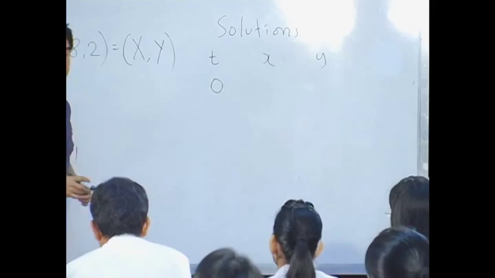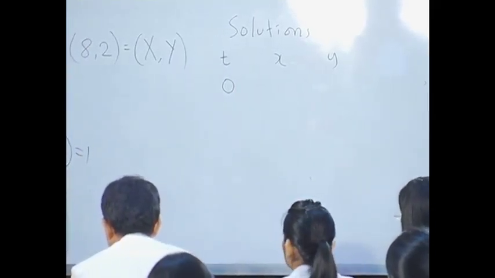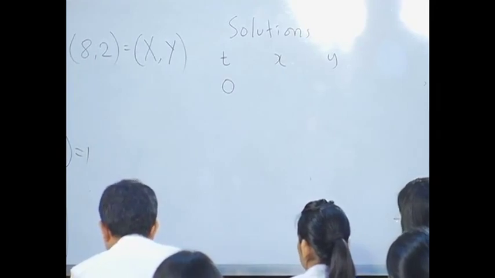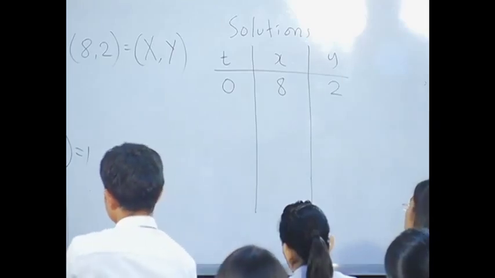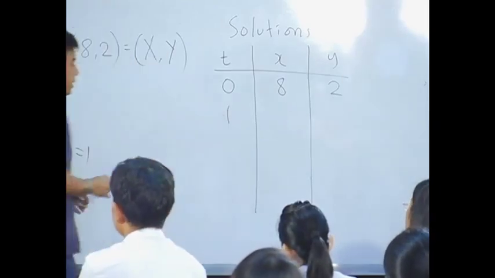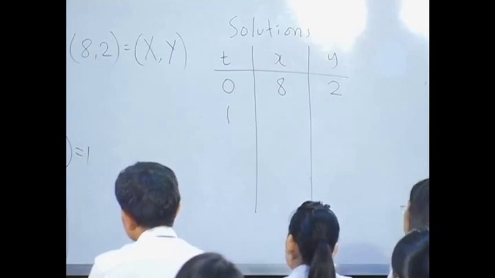Okay. If t is 0, x is 8, y is 2. So 8 and 2 are solutions. How about if t is 1? 13 and negative 1. 8 plus 5 times 1 is 13.